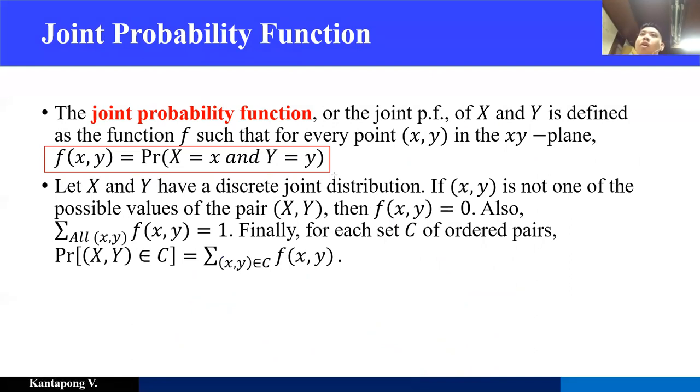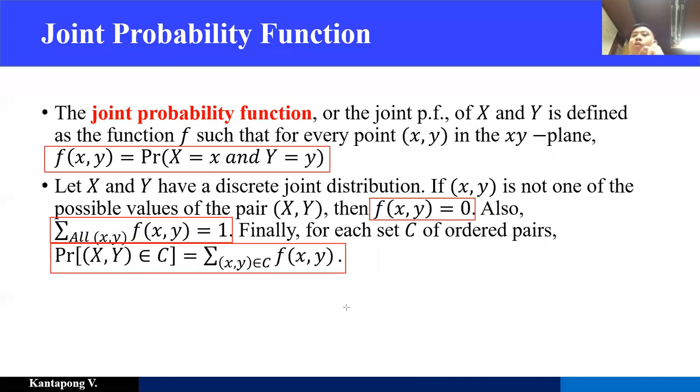If (x, y) is not one of the possible values, then it is equal to 0. That means it does not belong to the Cartesian product. Also this one, and also this one. Very similar to the one variable case.